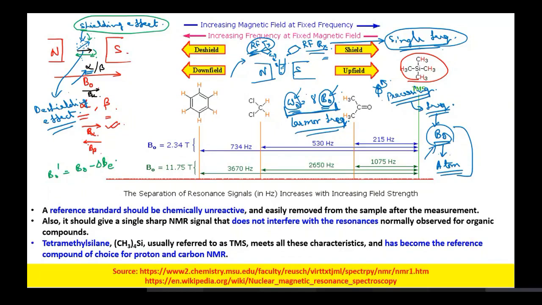Then we have to apply another set of magnetic field. It's called delta BA for applied. So we need to apply another delta BA, which will cancel out this thing, and we will be getting the effective B0 onto the proton.